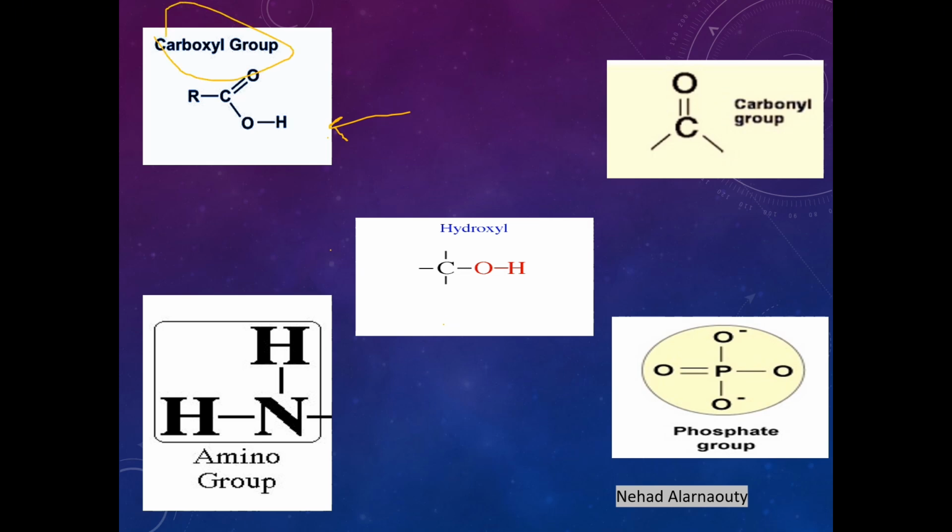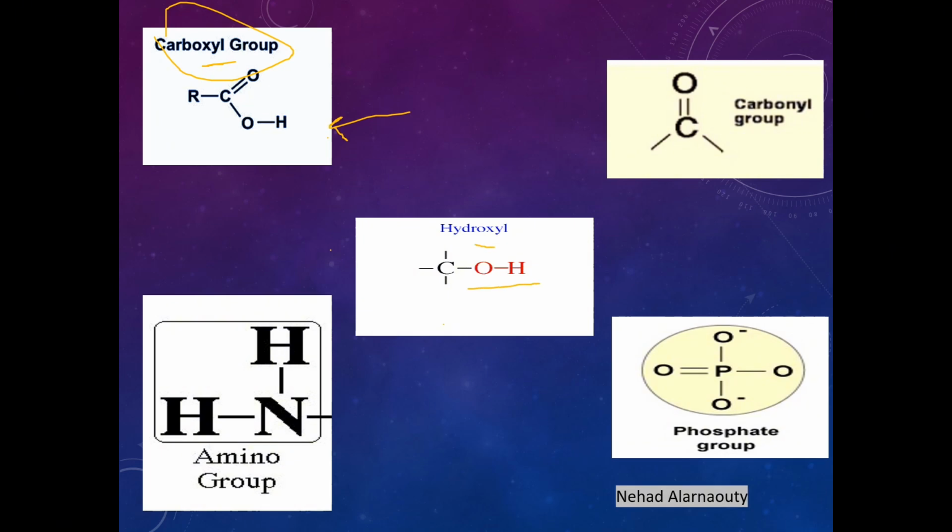Number one is the carboxyl group: carbon double bonded to an oxygen, then single bonded to an oxygen and hydrogen. The amino group is nitrogen with two single bonds to hydrogen. The hydroxyl group is only OH.